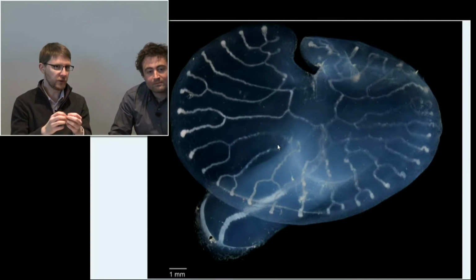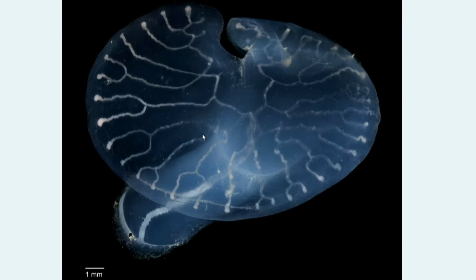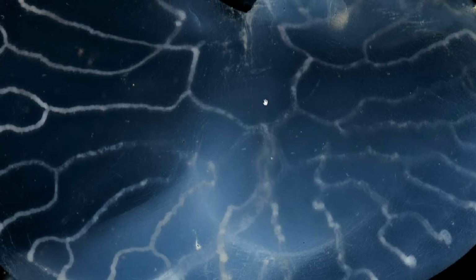These really strange creatures are maybe about a centimeter wide, and look a bit like a mushroom. It has a stalk and a kind of cap, but they're transparent, and if you look really closely they have these really weird branching lines, and they're so unusual that it took almost 30 years before anyone could identify what they were.